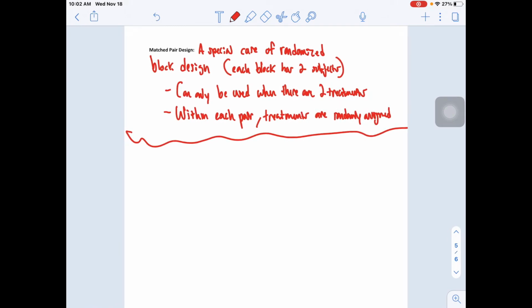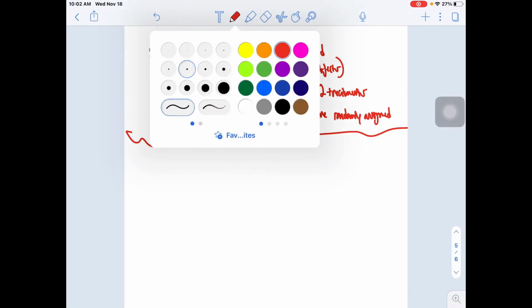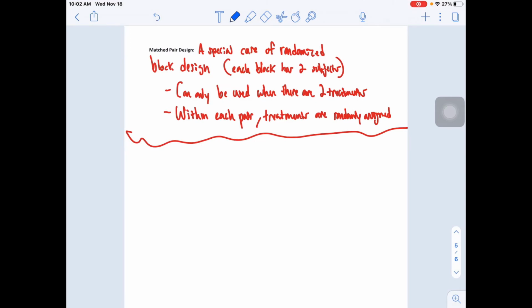So we pretty much covered most of the experimental stuff. Just a quick review on what we've done. Subjects and experimental units: remember, these are the things that we're studying, or the things that are receiving treatments.